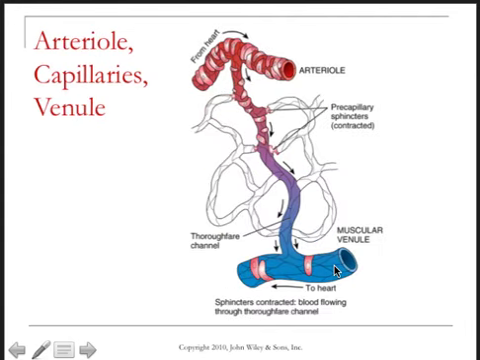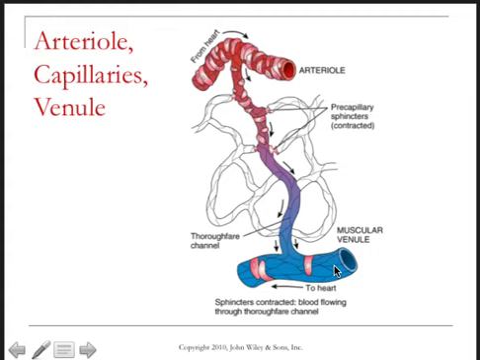This is what it would look like in the event that we had the capillary sphincters closed and the demand for oxygen and nutrients was reduced. Okay, so you can see here that we can dramatically affect not only the rate at which we deliver oxygen and nutrients to tissue, but also the blood pressure.